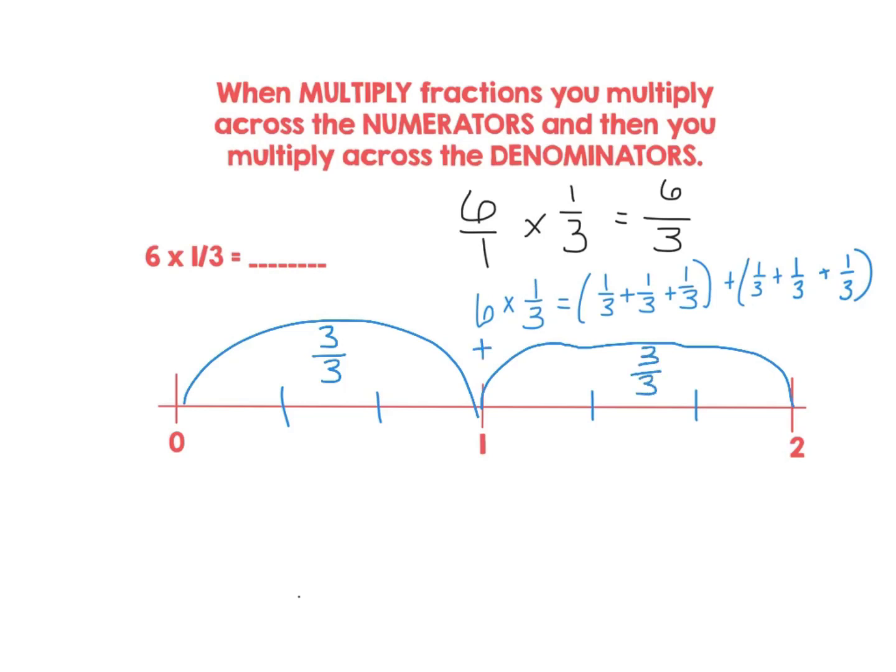And now we know from our addition information that 3/3 plus 3/3 equals 6/3. Just like our multiplication. This number line just gives us another way to represent our work. So if I had 6 1/3, I would literally have 6/3.